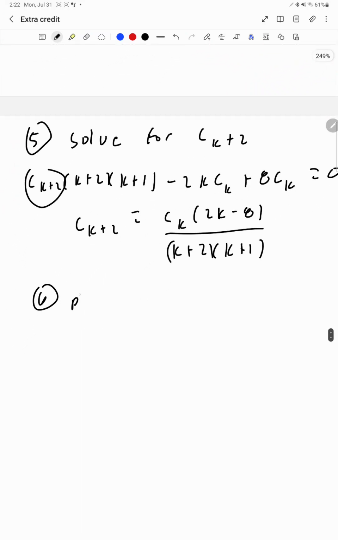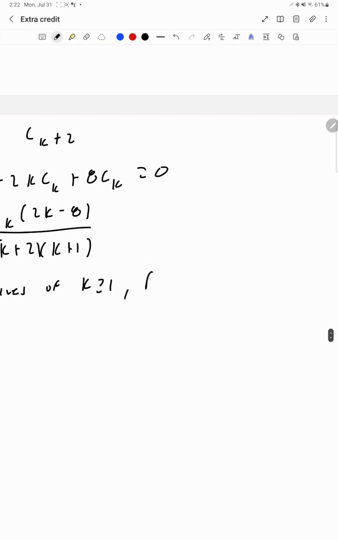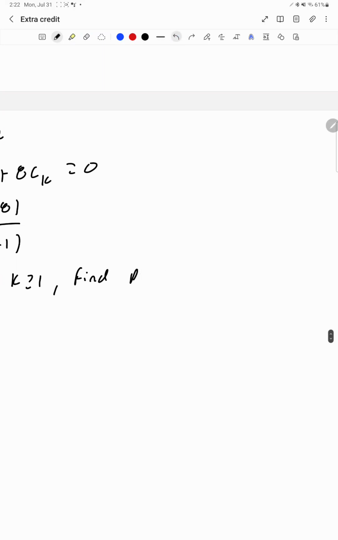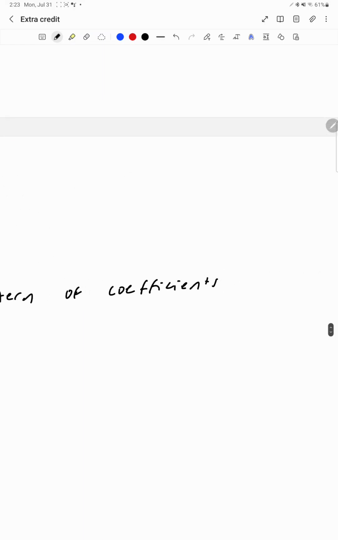So I'm just going to write down: plug in values of k, and then find a pattern of coefficients to find y.